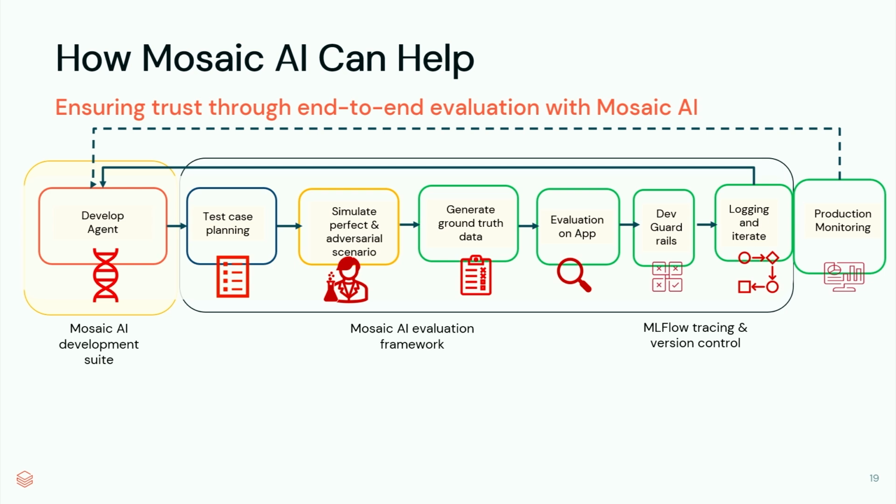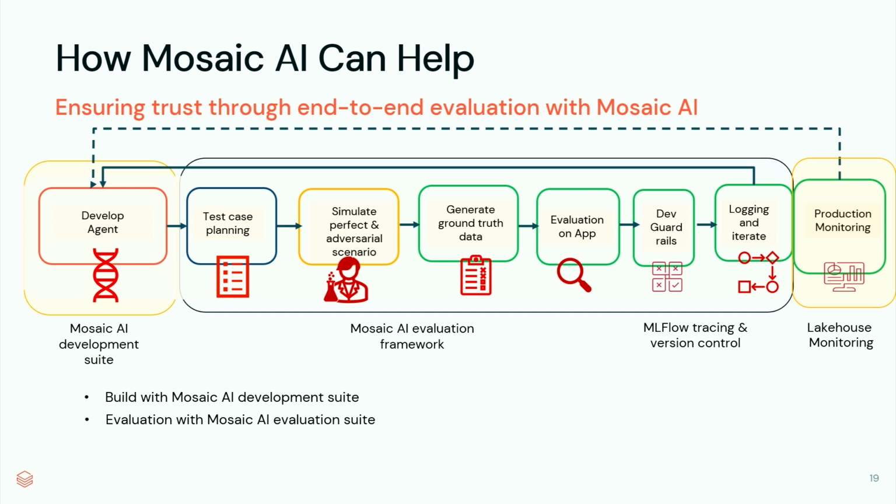And then tracing is closely integrated with all the services which I mentioned, and lakehouse monitoring. There were some talks about lakehouse monitoring, I think in the keynote and also in the session, about how we can create even more robust production monitoring systems for GenAI. So all of them together help you build a trustworthy application.